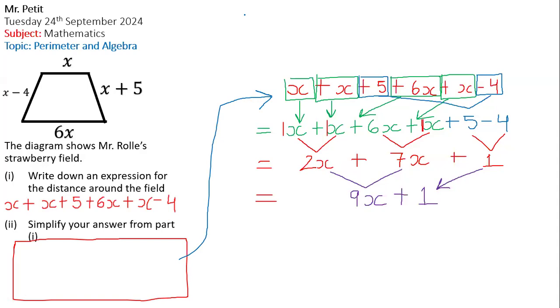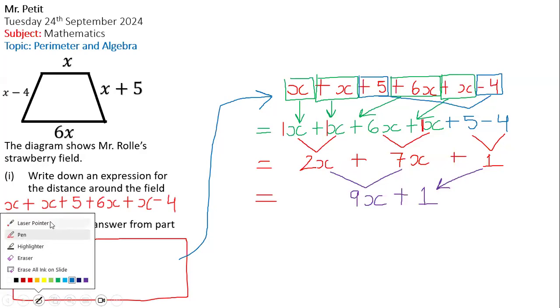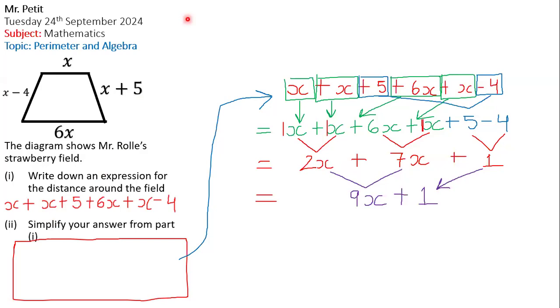I just want to go over what you just did verbally to clarify my understanding. The simplified answer is x plus 5 plus 6x plus x minus 4, correct? That's correct.